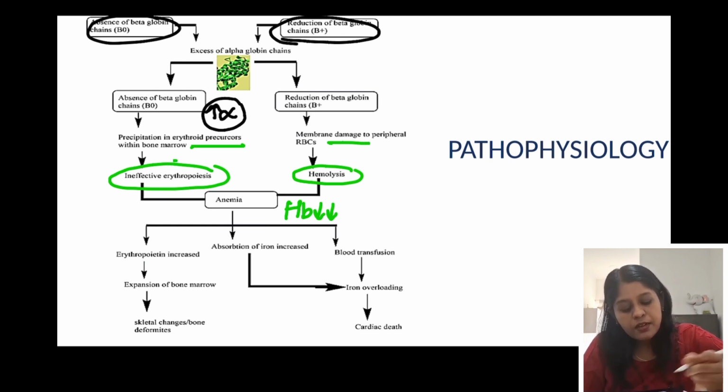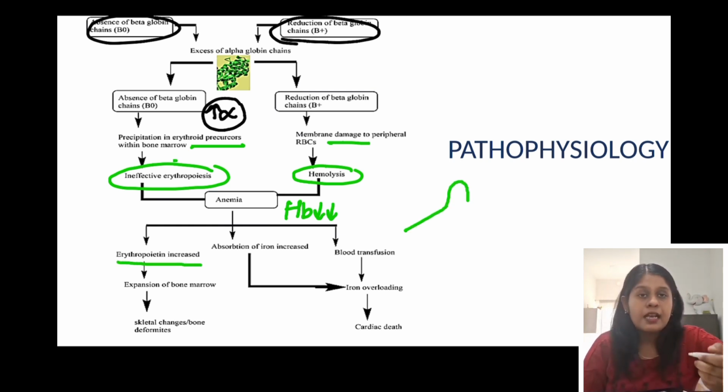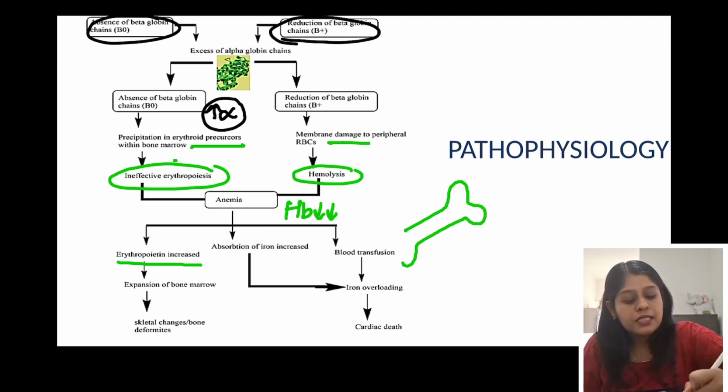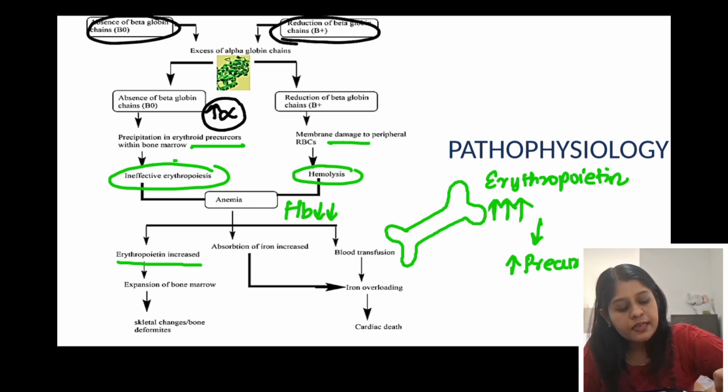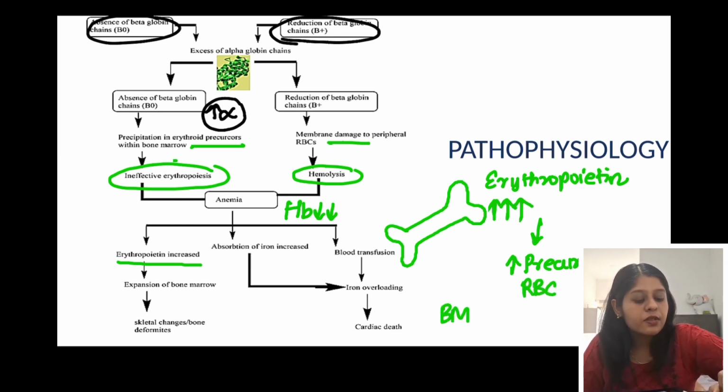So the anemia is caused by ineffective erythropoiesis and also by hemolysis. What will this anemia in turn cause? Erythropoietin levels will increase, because the hemoglobin content is low and the bone marrow is actually functional. So the bone marrow will try to increase the erythropoietin levels, and there will be expansion of the bone marrow.